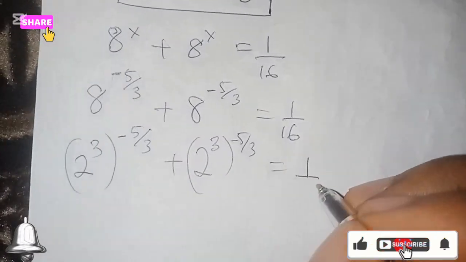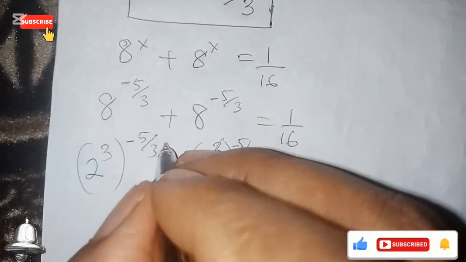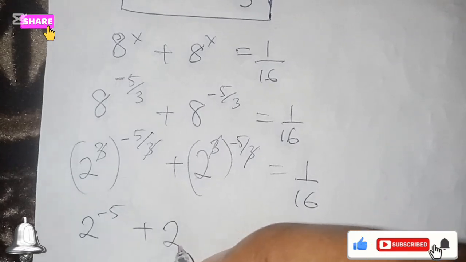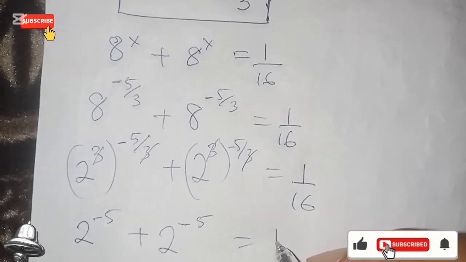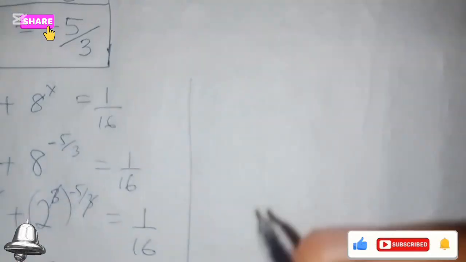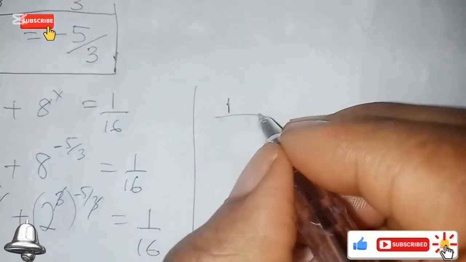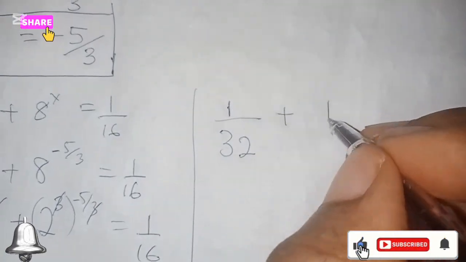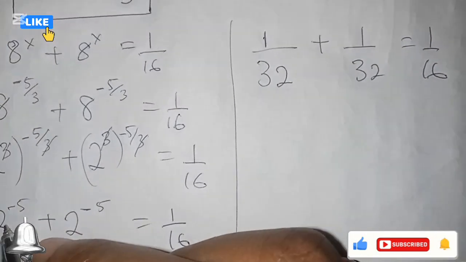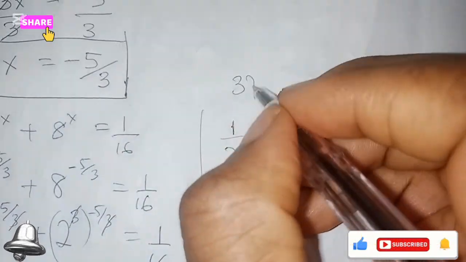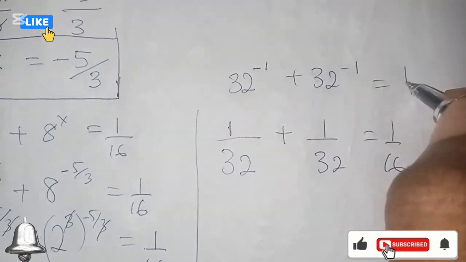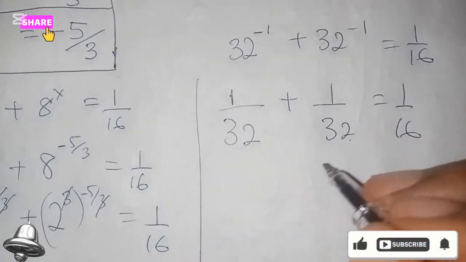Equal to 1/16. The 3 cancels, and we have 2 to the power of -5 plus 2 to the power of -5 equals 1/16. Now this means 1/32 plus 1/32 equals 1/16, because here this means 32 inverse, which can be written as this.